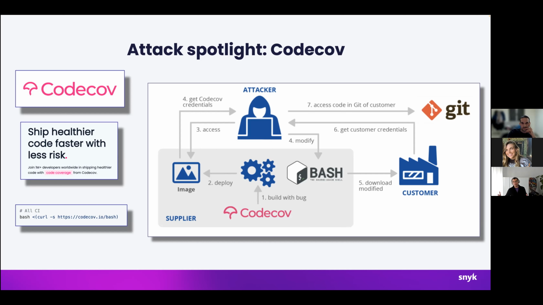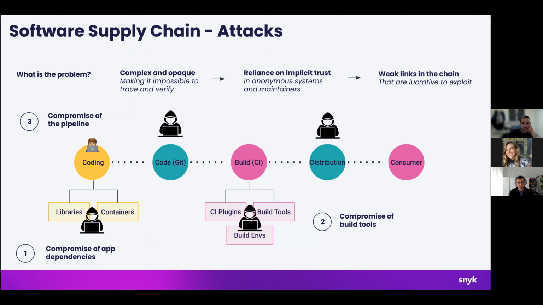This was the second stage of the attack, where all of CodeCov's customers, which, as I said, are very numerous, including very big companies, immediately became a victim of a supply chain attack, because they started downloading this malicious version of the CodeCov script. So if you look back at the previous slide, we can see here two steps.